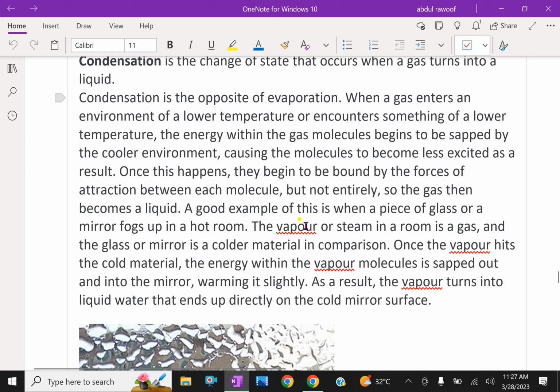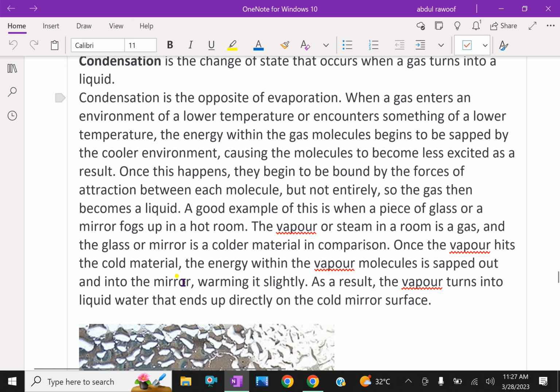A good example of this is when a piece of glass or a mirror fogs up in a hot room. That means the vapor or steam in the room is a gas, and the glass or mirror is a colder material in comparison to that gas.